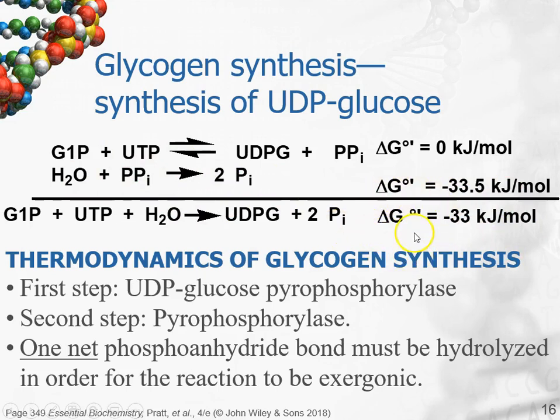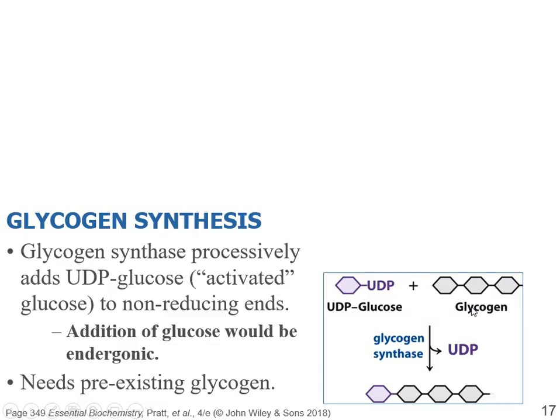Here I have the delta G 0 primed and not the delta G, but the delta G is also a high negative number. The first step is the UDP glucose pyrophosphorylase enzyme, and the second step is pyrophosphatase. And again, one net phosphoanhydride bond, which is shown right here, must be hydrolyzed in order for this reaction to be exergonic. Okay, so now we have our UDP glucose.